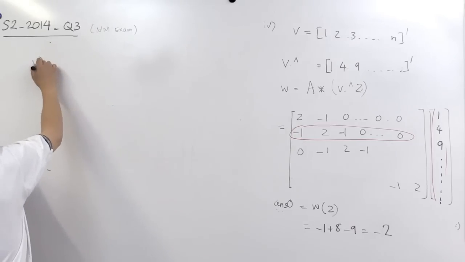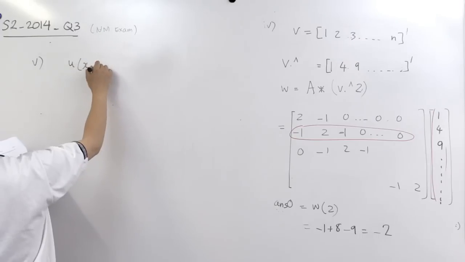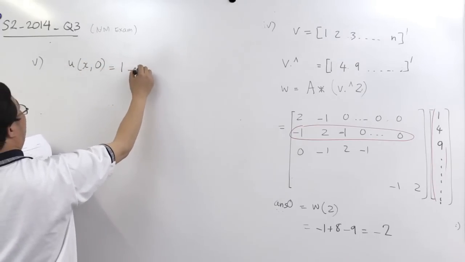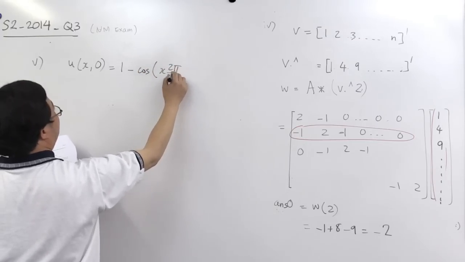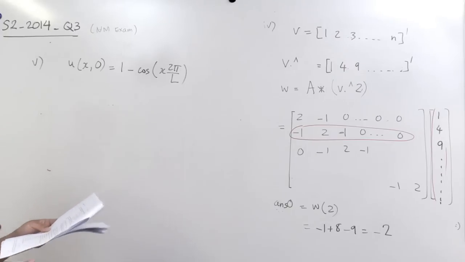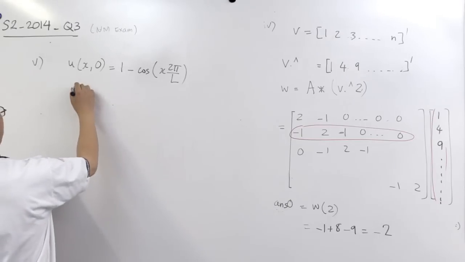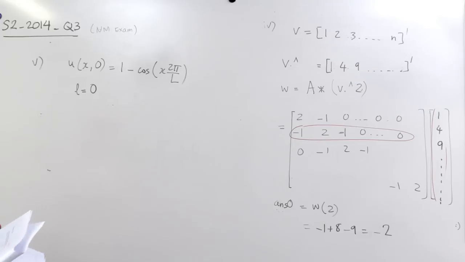Suppose now you have the initial condition: u when time equals 0 is just 1 minus cosine of x times 2 pi over L. Now they ask, at time equals 0, what is the full equation 3.2?